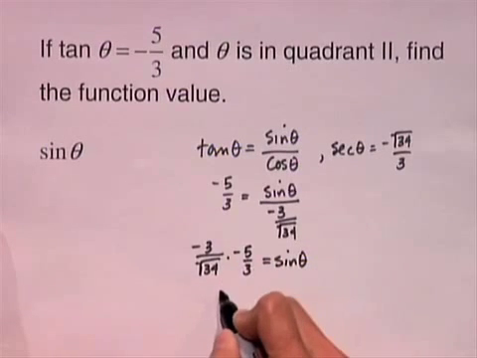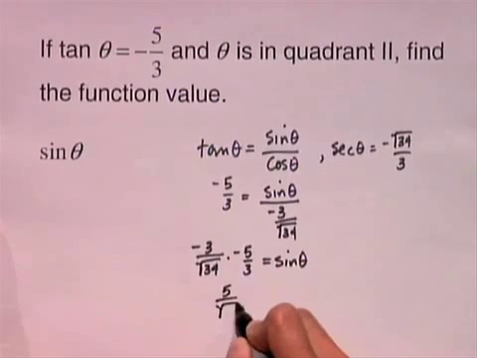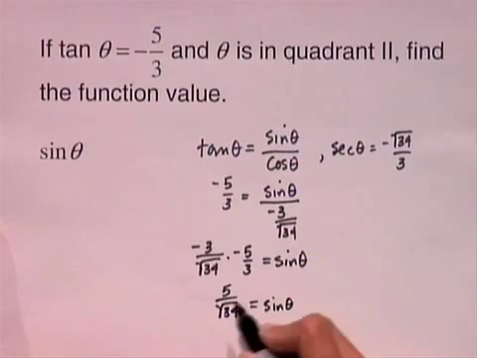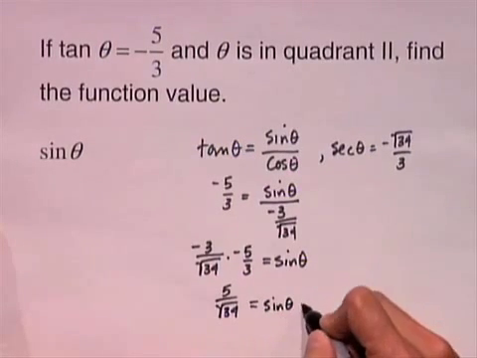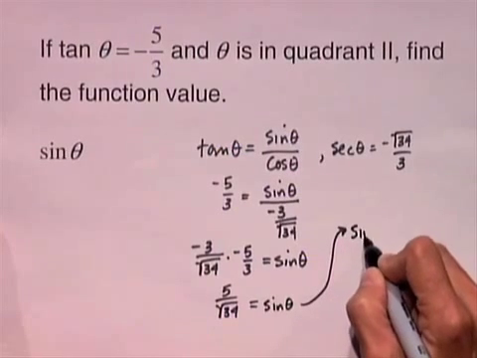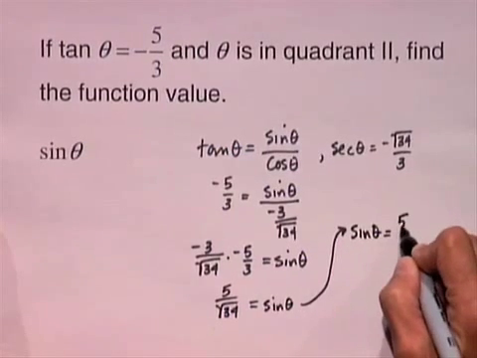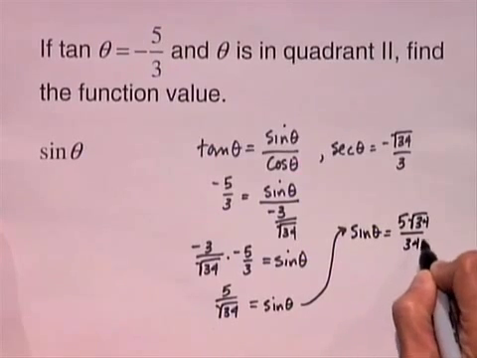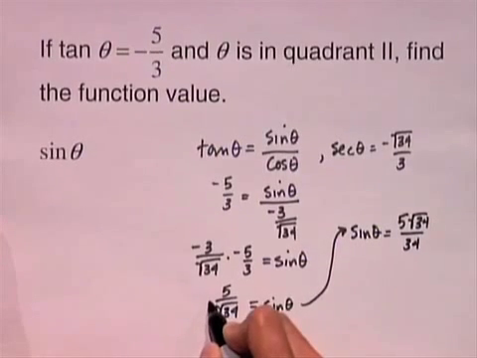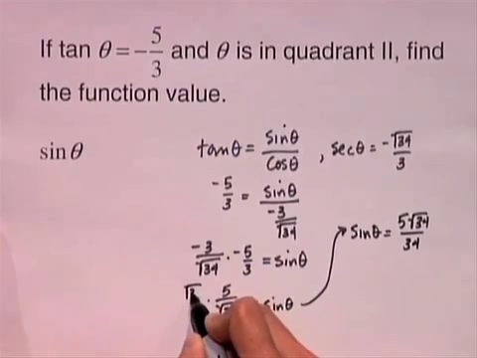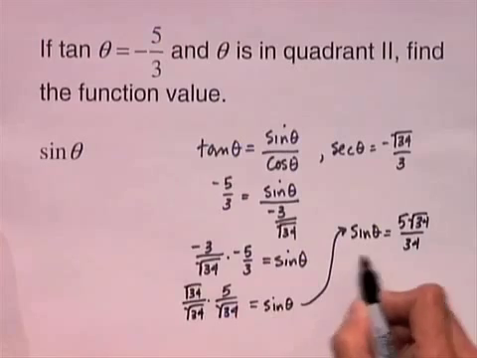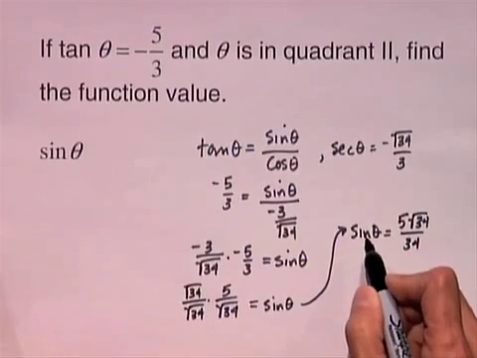The 3's will simplify, and I have 5 over square root 34 is sine theta. If I rationalize the denominator, I end up with sine of theta being 5 square roots of 34 over 34. To get to that result, I multiplied the numerator and denominator by the square root of 34. And I found the sine of theta.